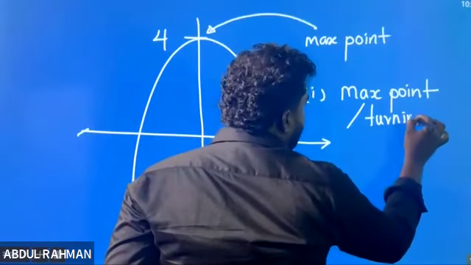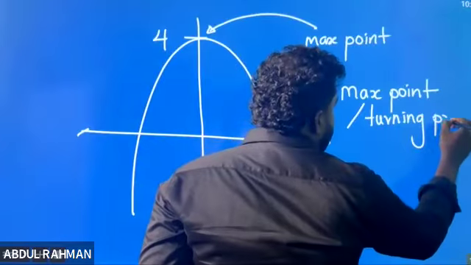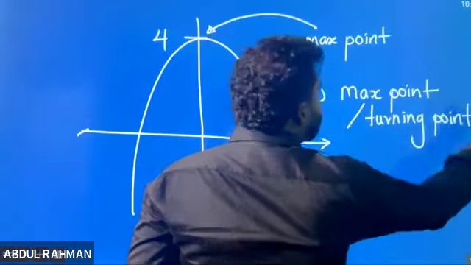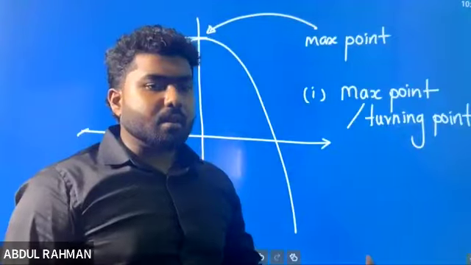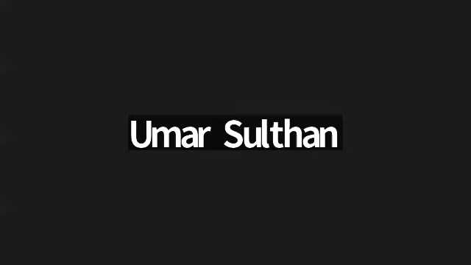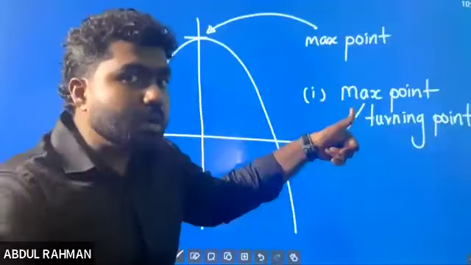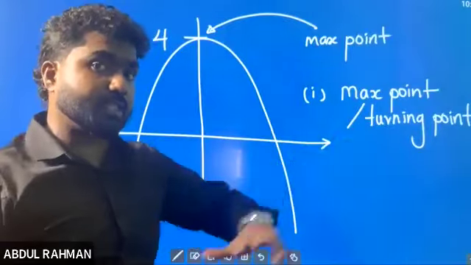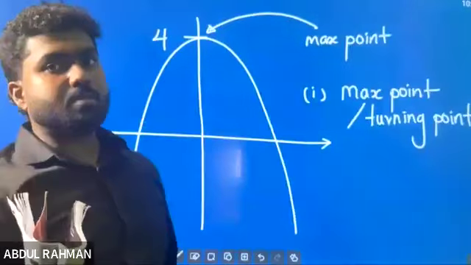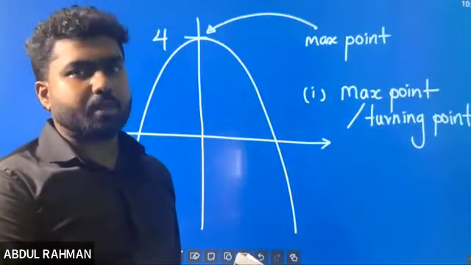Now, see, there are two different terms. I can call it as my turning point. Turning point is the common thing. I call this as my maximum point, but I can't call this as my minimum point. Why minimum point? This is not a minimum graph. This is a maximum graph. Maximum graph will have a maximum point.